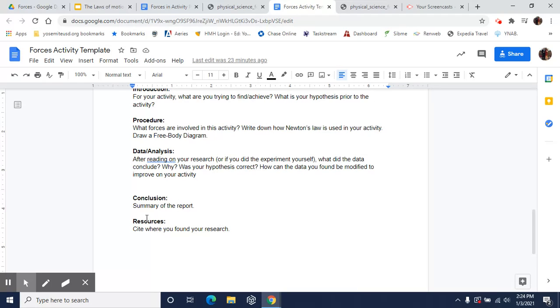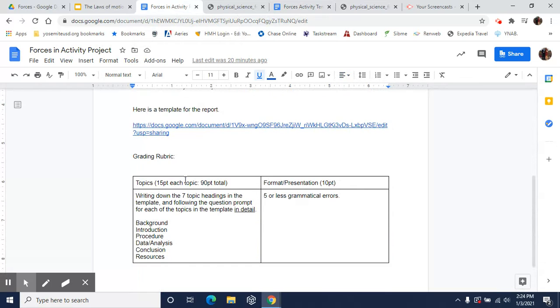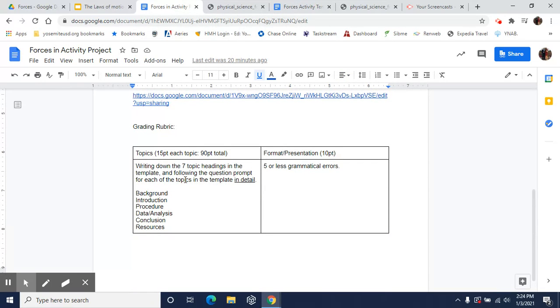Okay, and then lastly, conclusions: summarize your report, and cite your resources, which is just copying and pasting the URL link. All right, so that is going to be your forces and activity project. It is going to be worth 100 test points. So this is going to be the grading rubric.